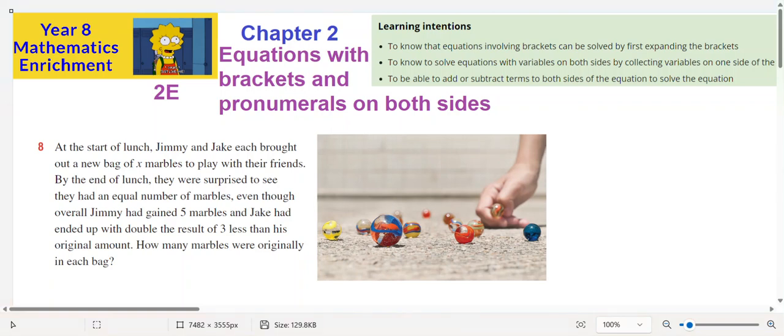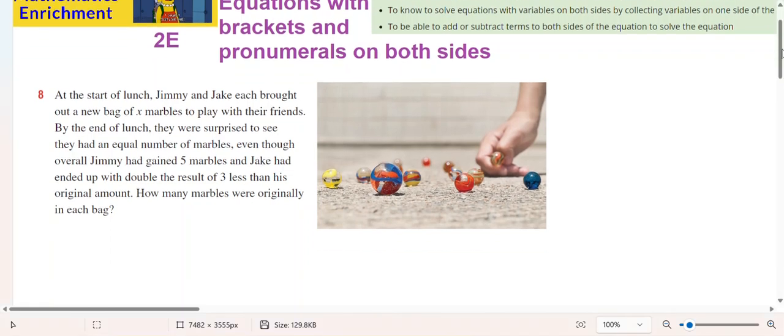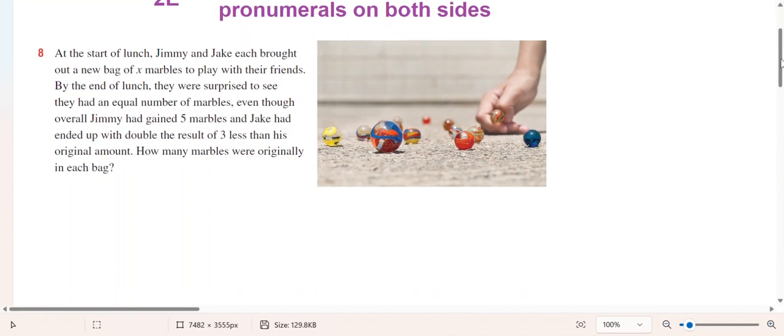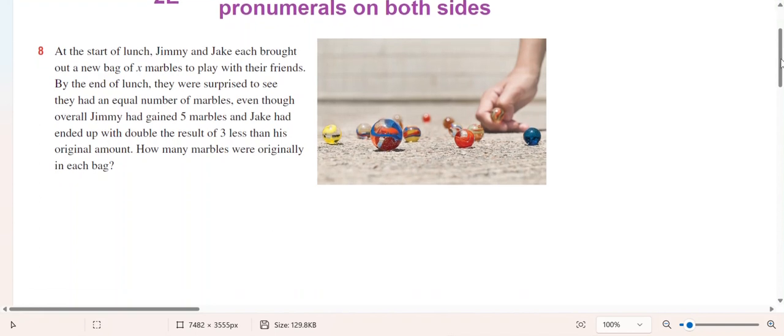Okay, question number 8 out of 2E involves being able to generate some equations using a pronumeral or letter. So at the start of lunch, Jimmy and Jake each bought out a new bag of X marbles to play with their friends.